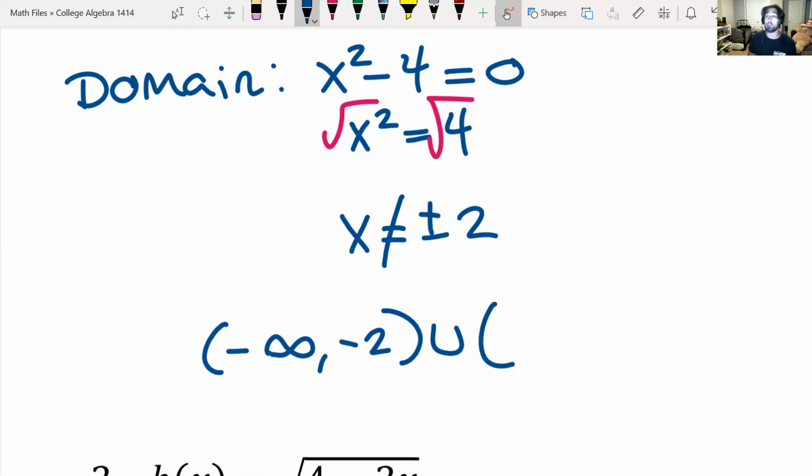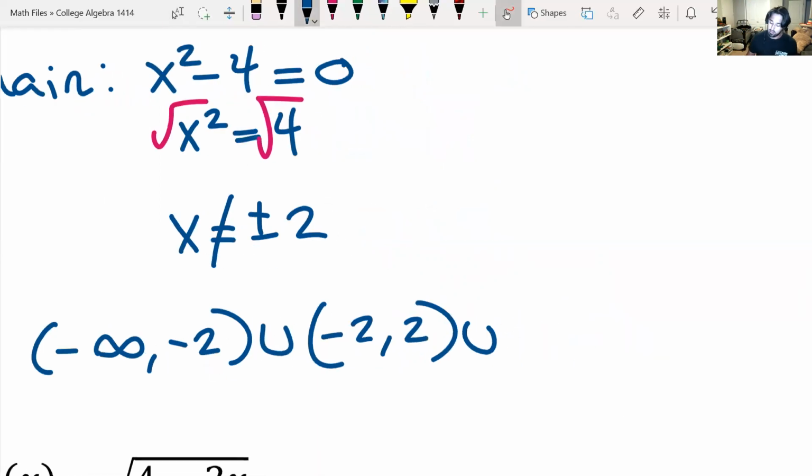And then we will union the next set of numbers: we'll start at -2 and end at 2. And then we union the last set of numbers and start at 2 and head towards infinity.